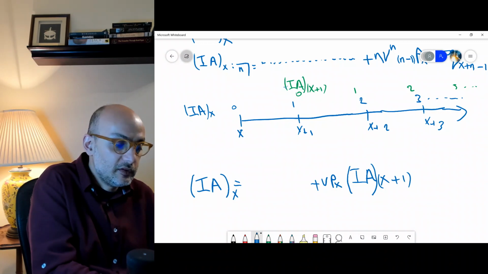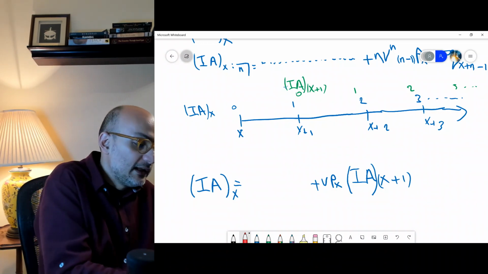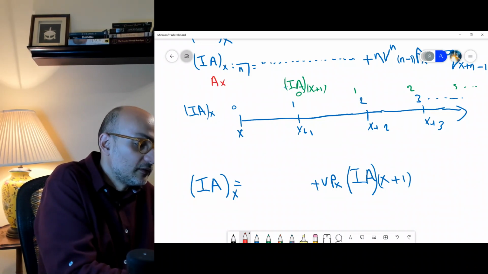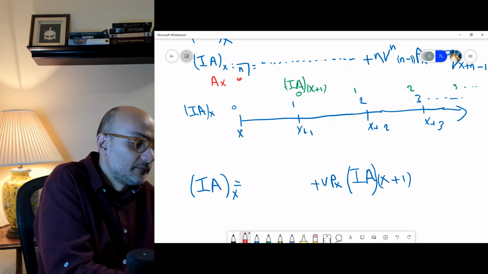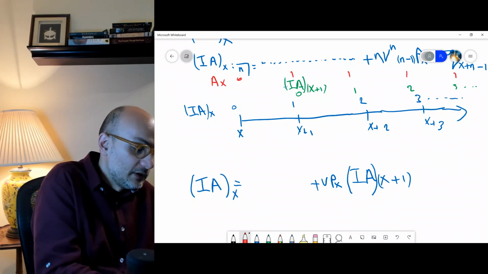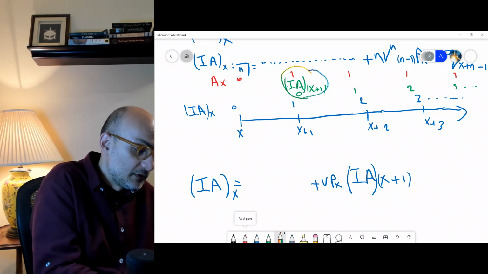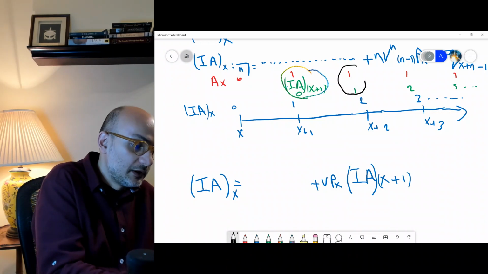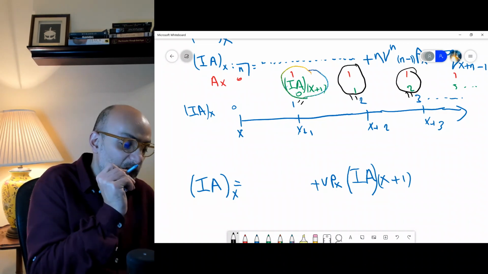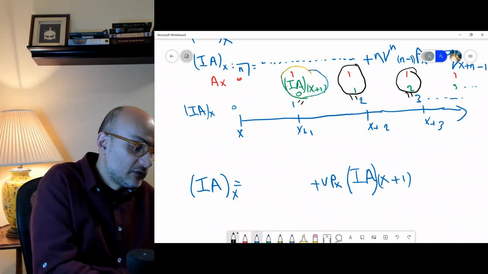Imagine now if we add A x, it will be 0, 1, 1, 1, 1. So now if you add these together, this together will give you this. So all we need to do is to add A x.